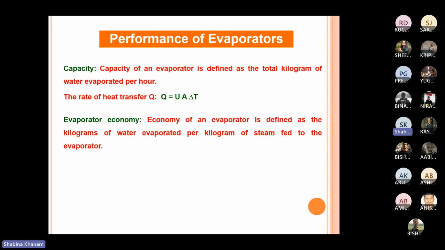However, when we keep increasing the number of evaporators, you must have heard about the multiple effect evaporator. We usually feed steam to the first evaporator, through which vapor is generated in the first effect, and that vapor is used as the heating medium in the second effect.